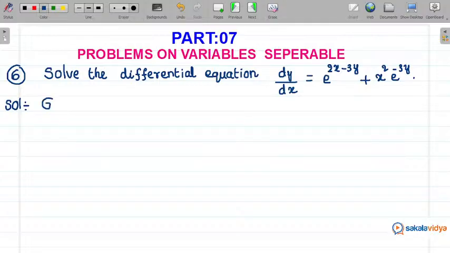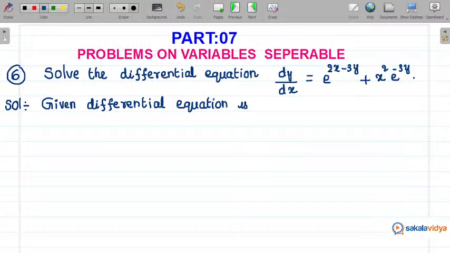Given differential equation is dy by dx is equal to e to the power of 2x minus 3y plus x square into e power minus 3y.